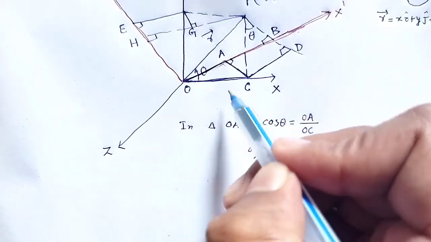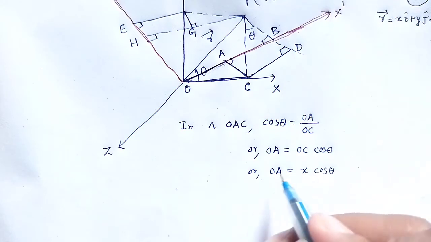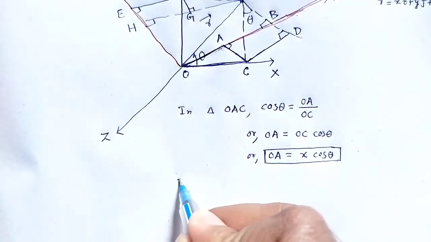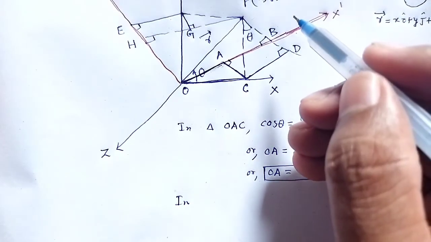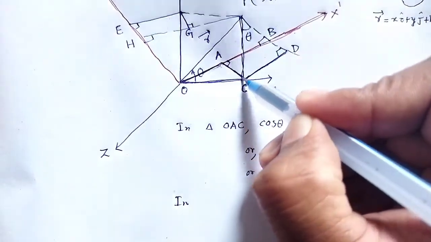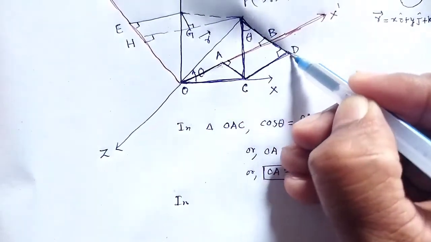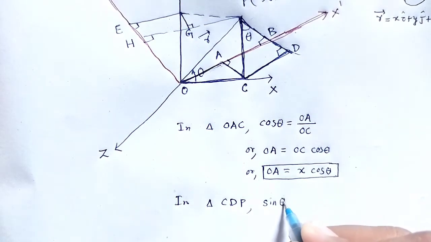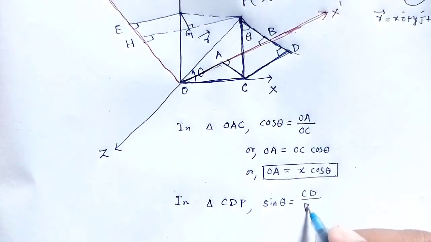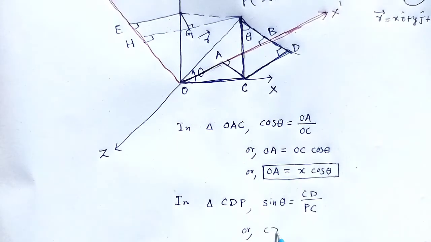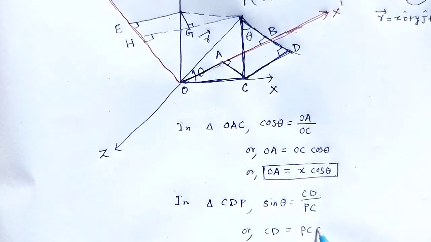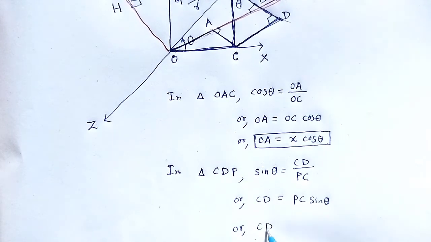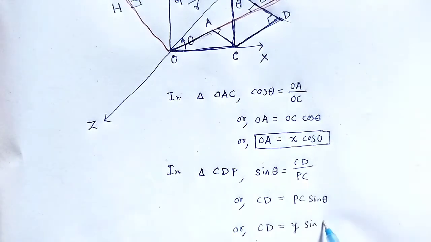In triangle CDP, sin theta is equal to CD divided by PC, or CD is equal to PC sin theta, or CD is equal to Y sin theta.